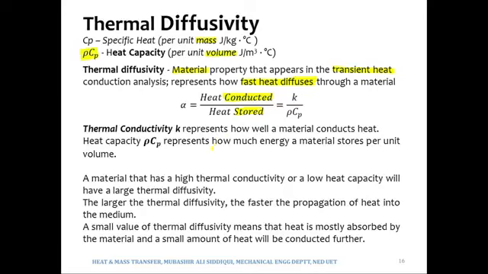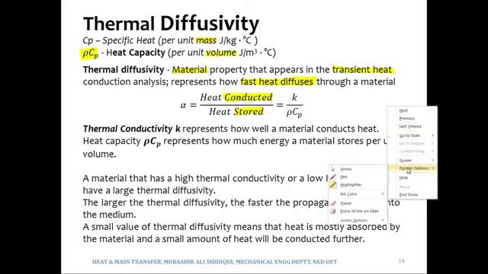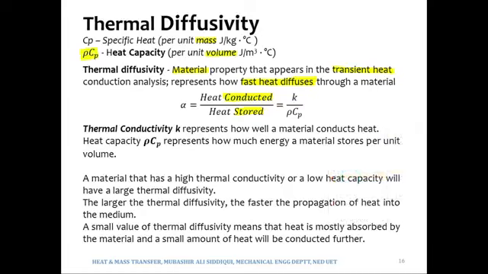Now, the thermal conductivity represents how well a material conducts heat, whereas the heat capacity represents how much energy a material stores. So it is a ratio of the energy conducted by the medium to the energy stored by the medium.